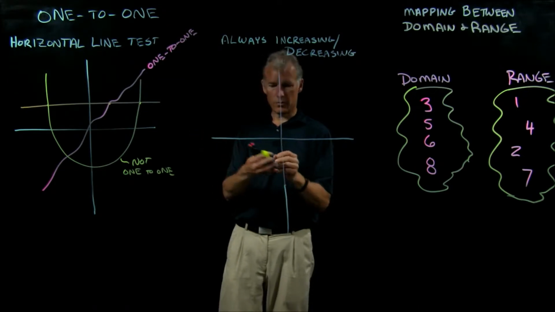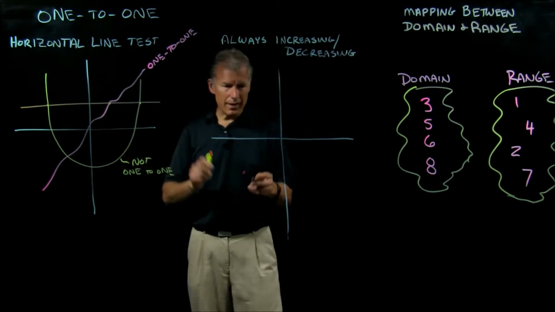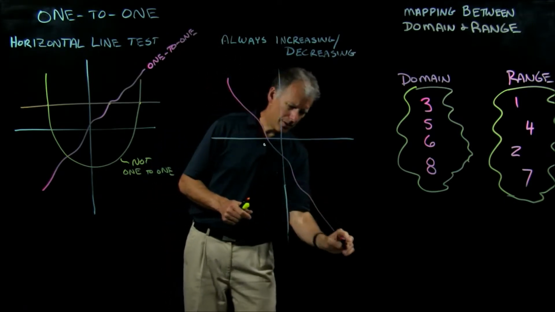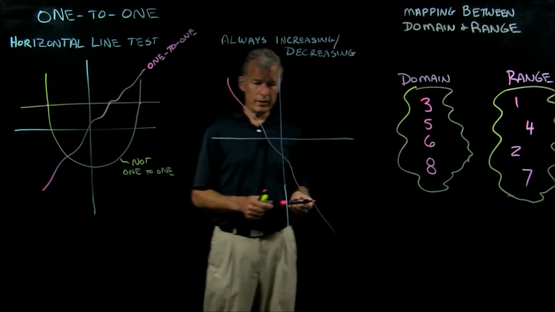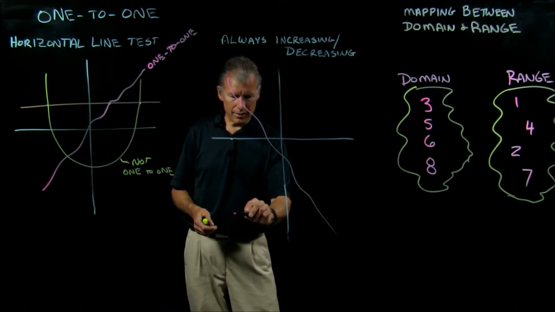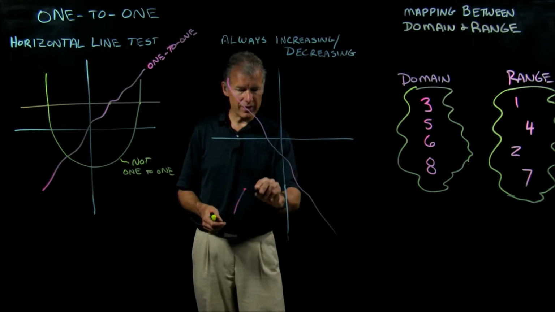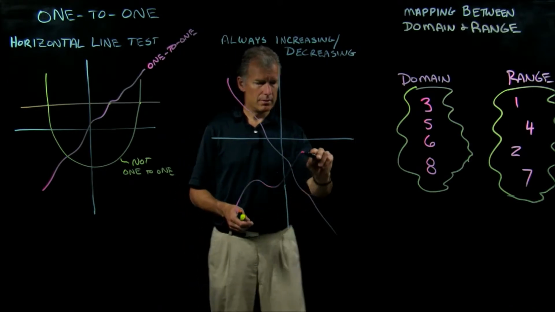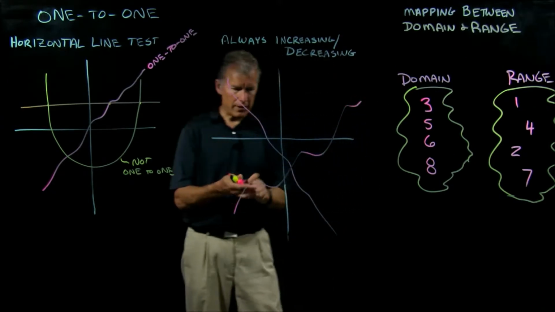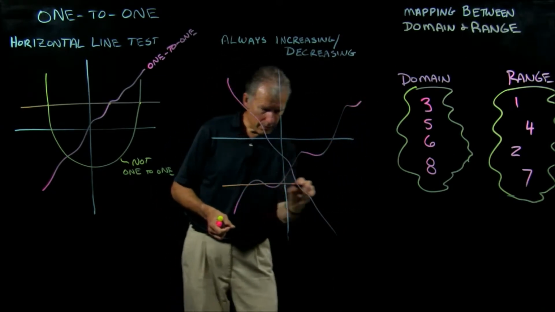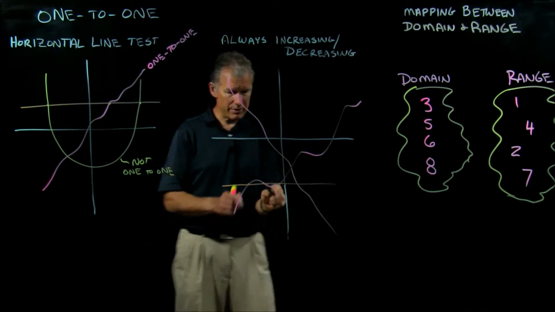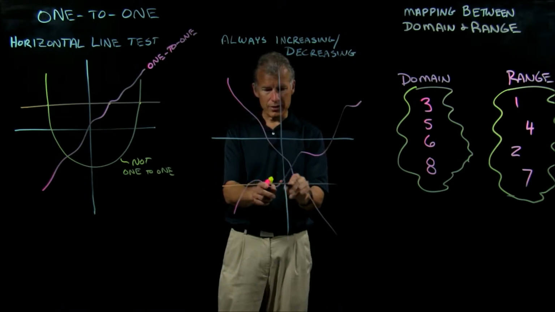Another way you can tell quite quickly, let's go back to that. If I just have a line here that's always decreasing, of course, the horizontal line will only cross one time. But if I have a line that is not always increasing or decreasing, so for example, like this, you can see now if I draw a horizontal line here, that it crosses 3 times because, yes, we're increasing, but now we decrease. Increase, decreasing.